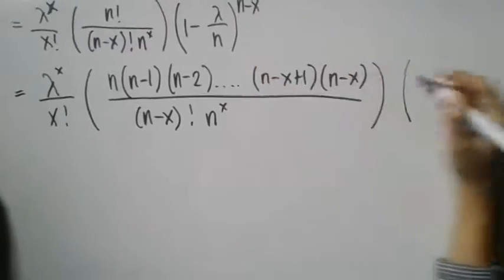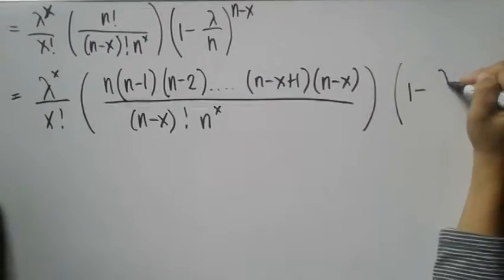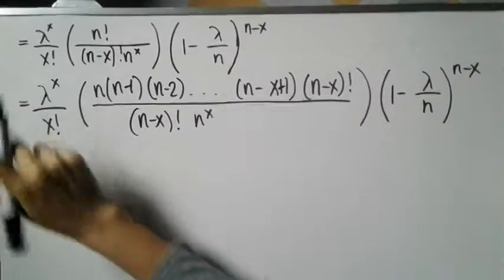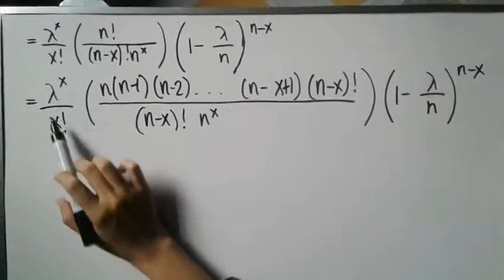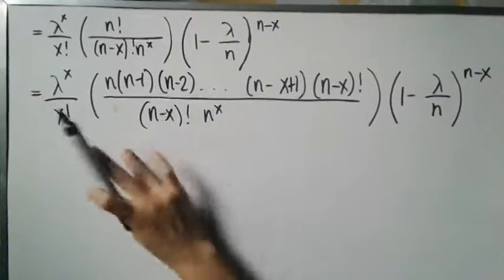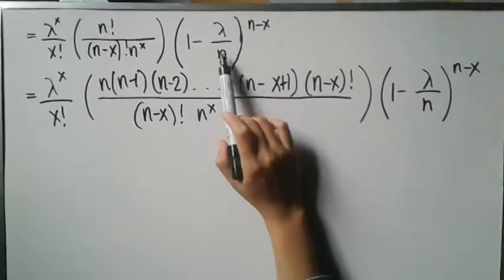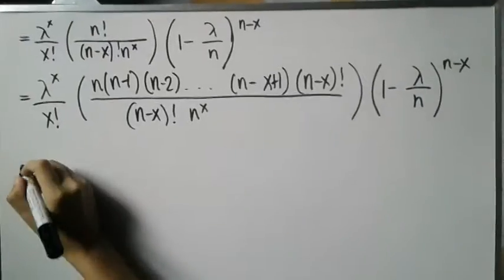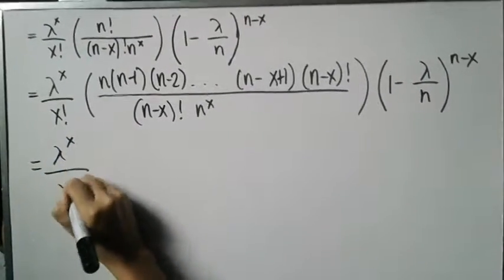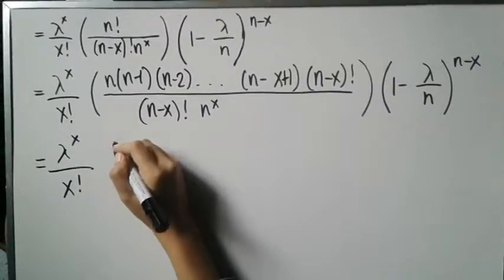Then just copy this one, 1 minus lambda over n to the power of n minus x, equal to lambda to the power of x over x factorial times the expansion of this one, and then just copy this. Next, we have lambda to the power of x over x factorial.